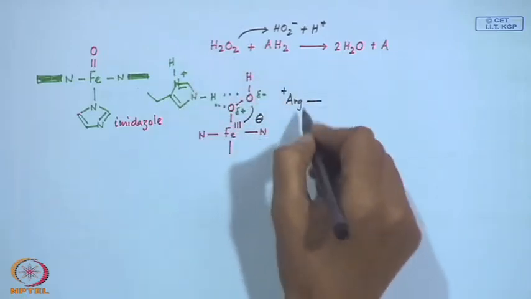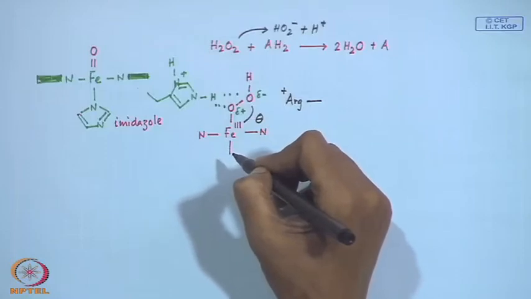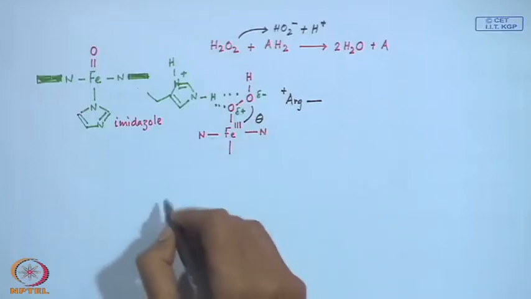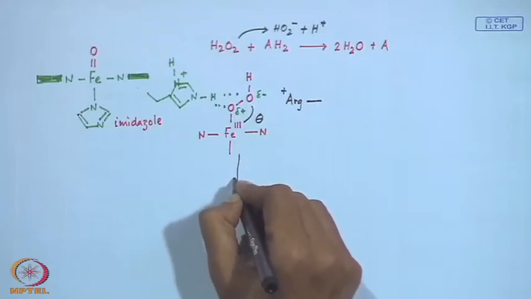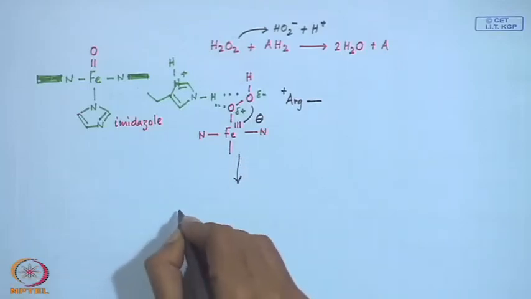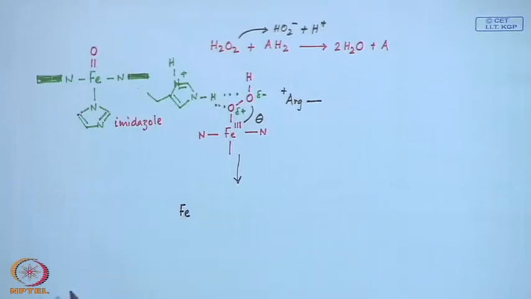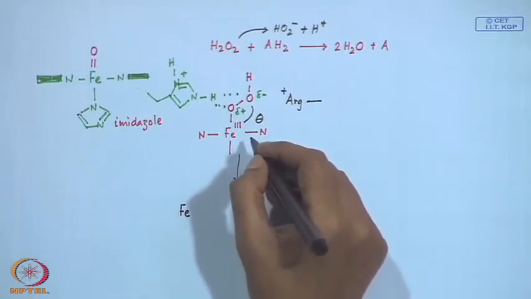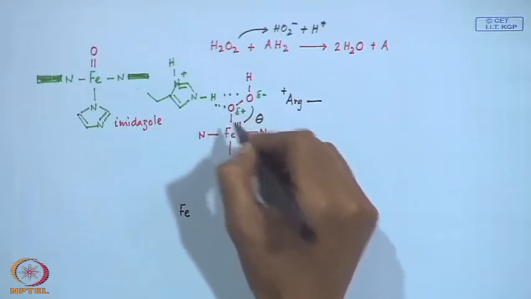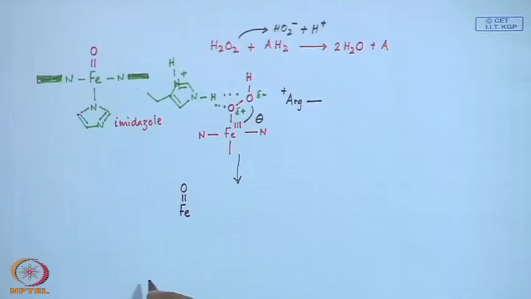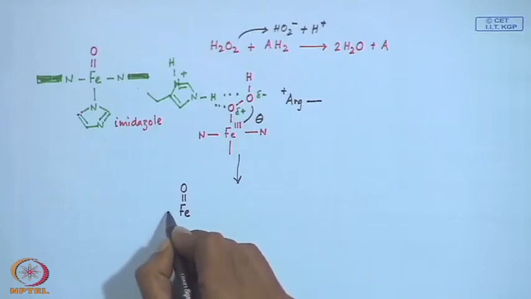So, when this weak interaction is taking place and we are getting this particular arrangement, in the second step we should immediately be able to write that you have Fe, and this particular one will go for making FeO, that means the ferryl system we are getting.